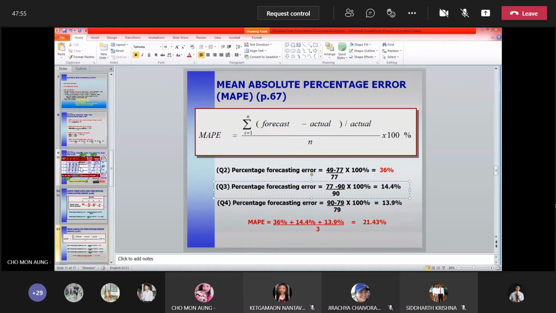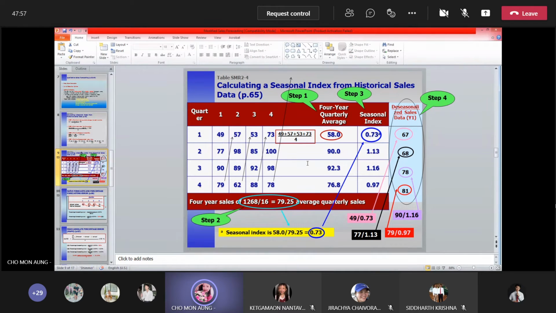Okay, now, come back to this table. By using the naive forecasting method, because of the errors that we found, we will not use the actual sales. So year 1, quarter 1 to 3, 4, these are the actual sales. We do not use them.